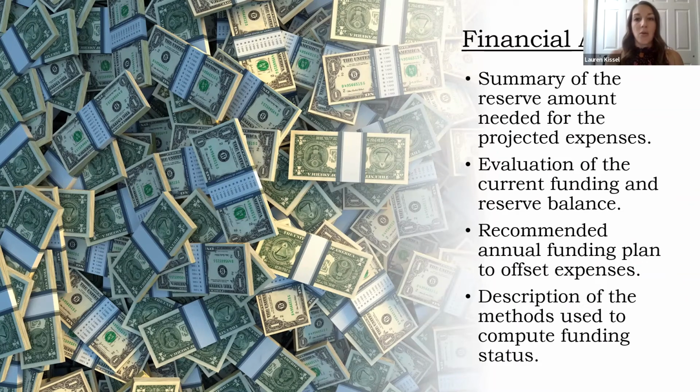They also will provide a description of the methods used to compute the funding status. And some of the numbers, again, in this portion are contributed by the management company or the association and board.